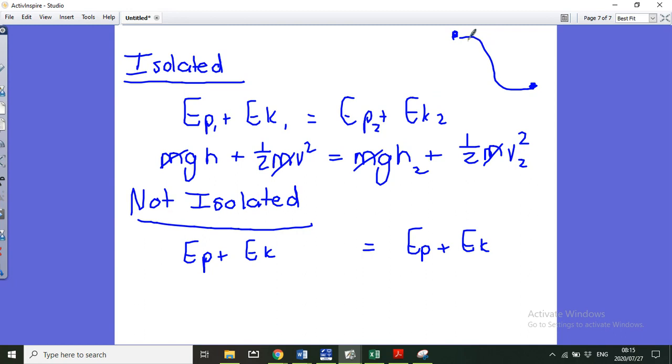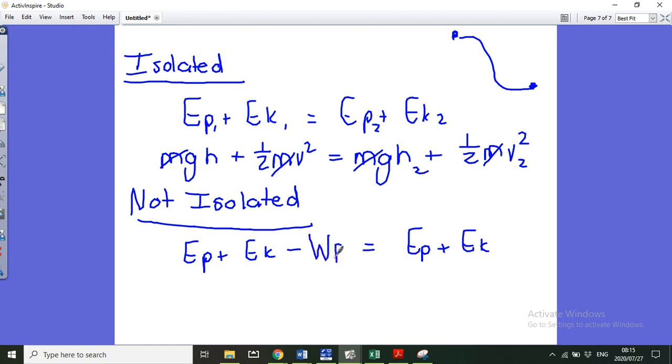But has it gained energy because of friction, or did it lose energy because of friction? You started with a certain amount of mechanical energy, but you're not going to end with it, because some of it is work done against friction. If work is done by the object against something else, then remember it's negative work, because we are losing energy.